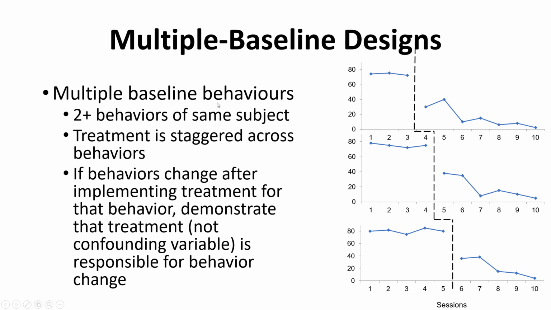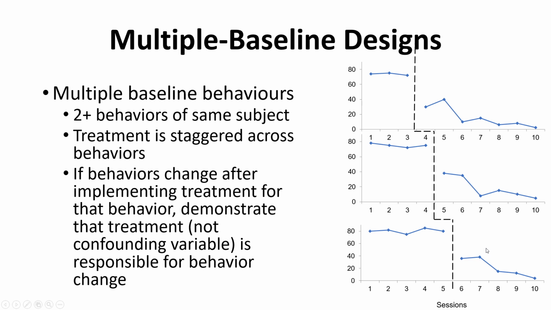If we want to talk about multiple baseline behaviors, or look across behaviors, we can look at 2 or more behaviors within the same subject. You'll notice I've kept the same graphs, but we're going to label them a little differently. All 3 of these would be behaviors exhibited by the same individual.